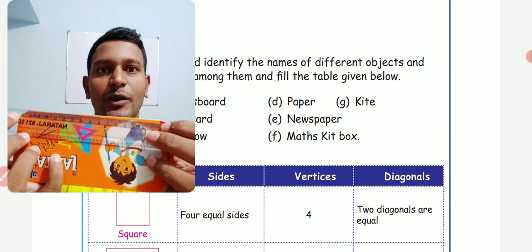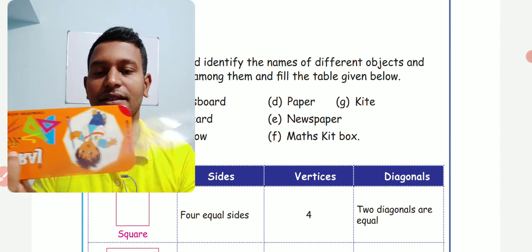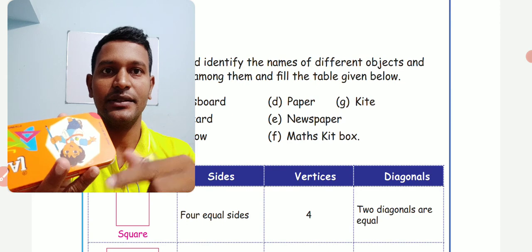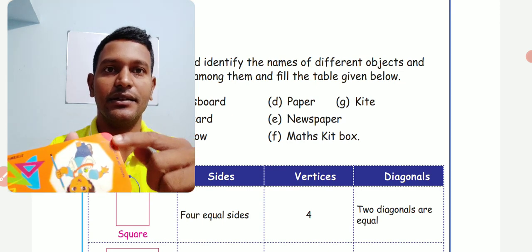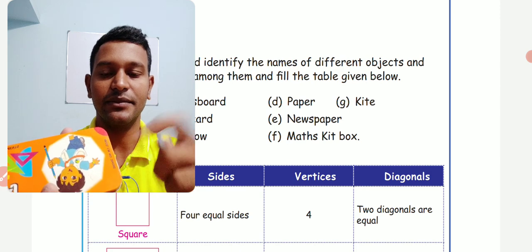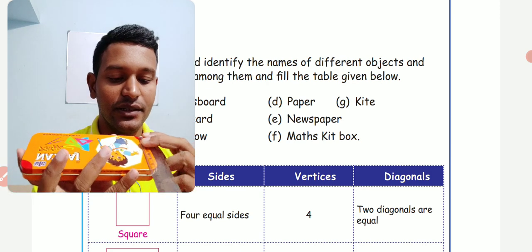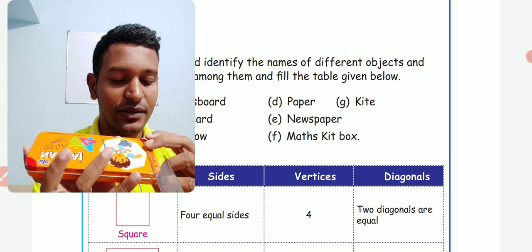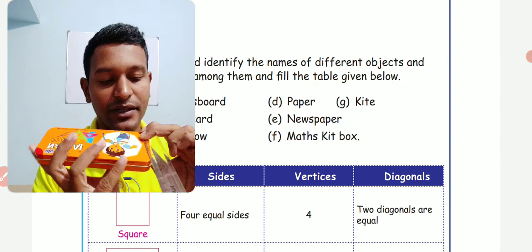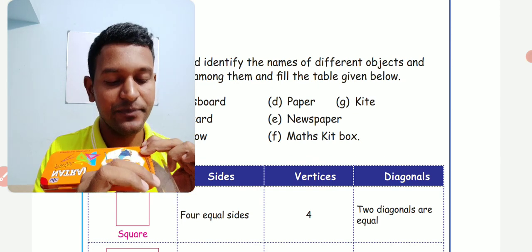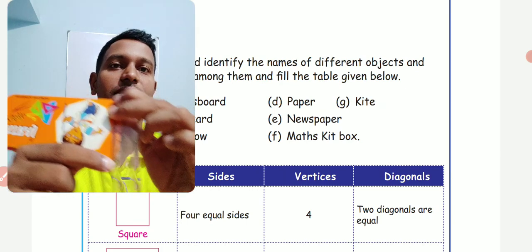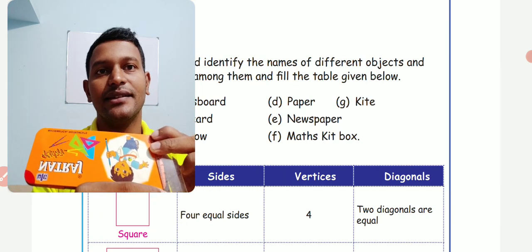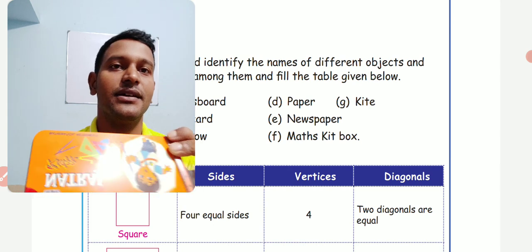Now I am going to measure its breadth. I am placing the 0 point at the end of the geometry box here. That measuring value is 7. So its length is 17 and its breadth is 7.